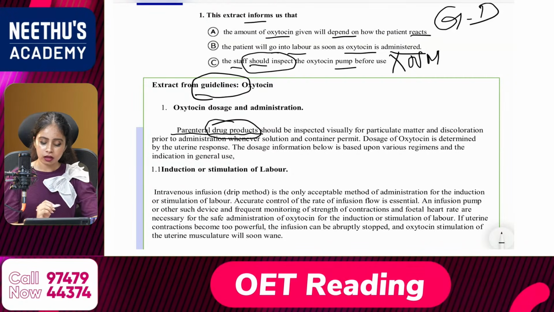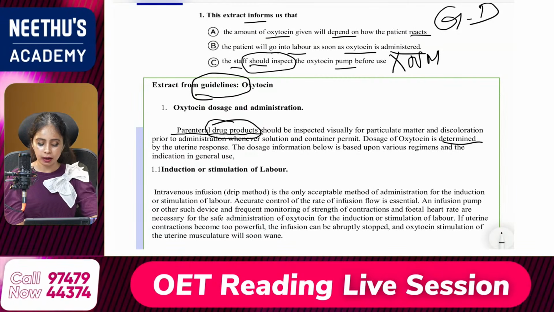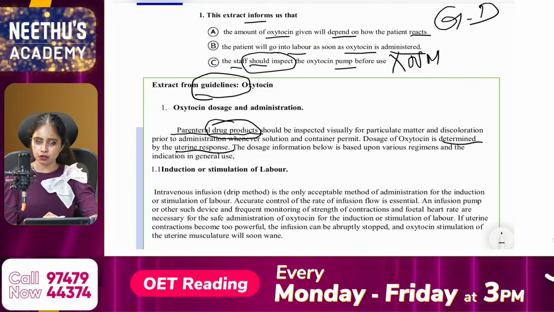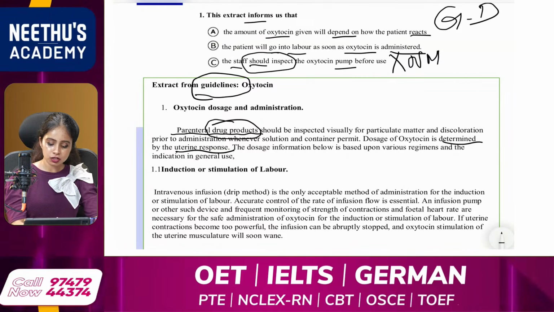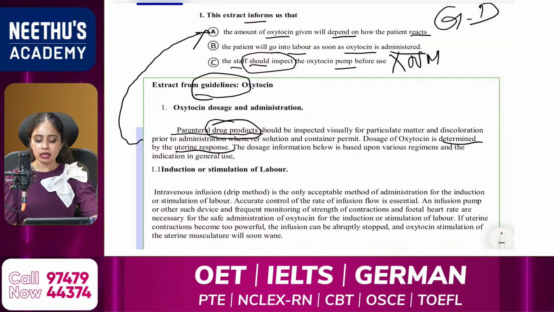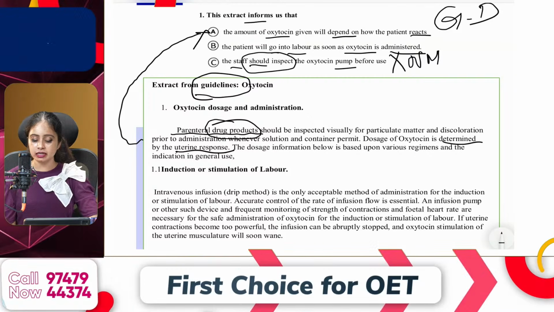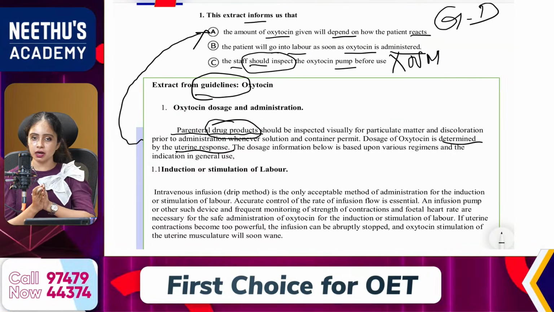Then what about the next line? Dosage of oxytocin is determined by uterine response. So from the second sentence, I'm tracing my answer towards option A. Yes, the amount of oxytocin given will depend on how the patient reacts. And as you know, part B is all about paraphrasing.